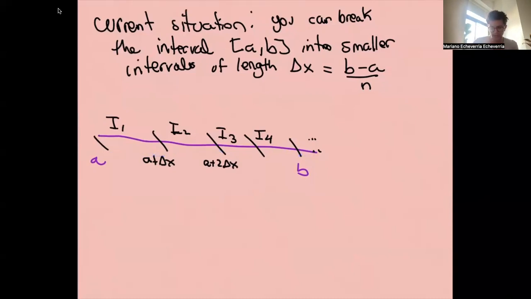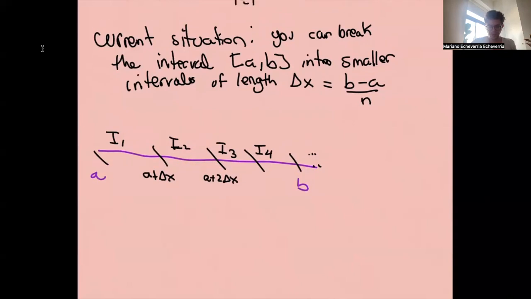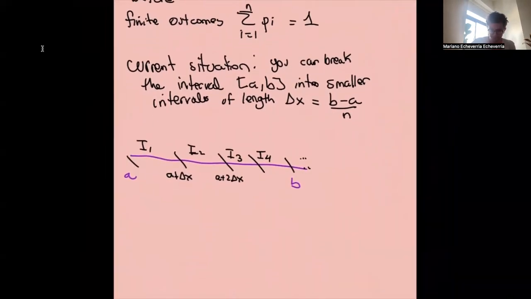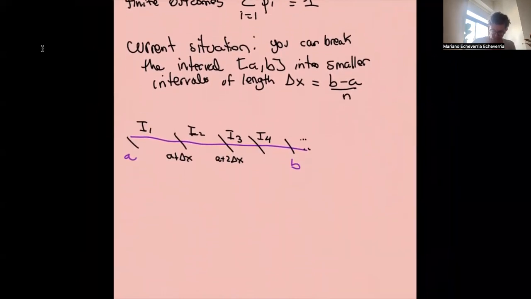The point is that the analog for the sum condition is like these probabilities that we were talking about.